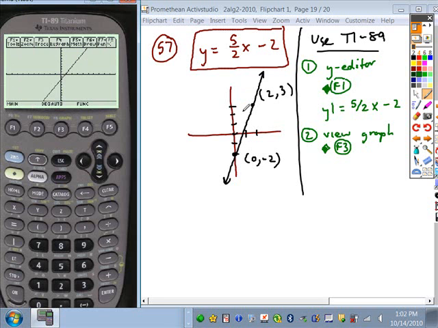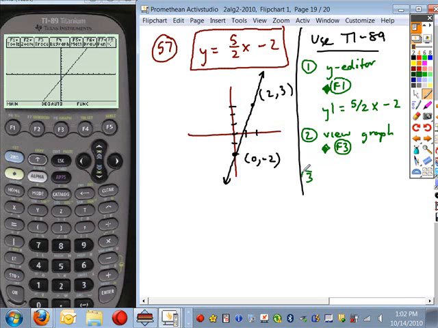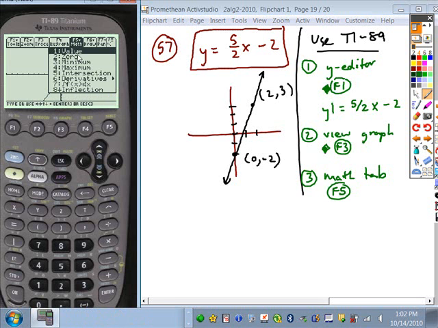Okay? The couple things that you should be able to find from this graph. First of all, if you needed to plot points based on your graph, there's a couple ways to do it. One really easy way is to hit this F5 tab, the math tab. If we hit this F5 button, notice that one of the choices that we have right here is value.